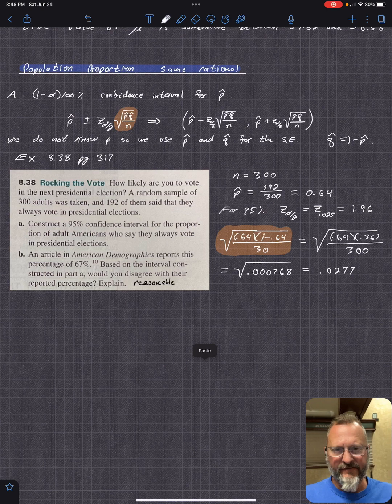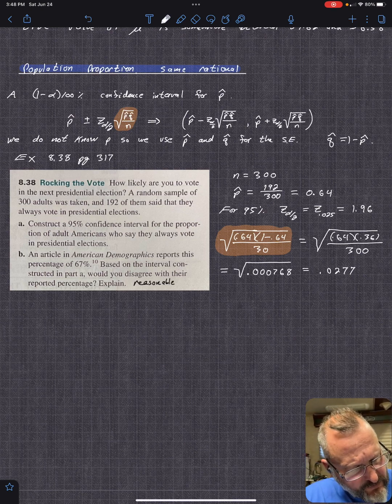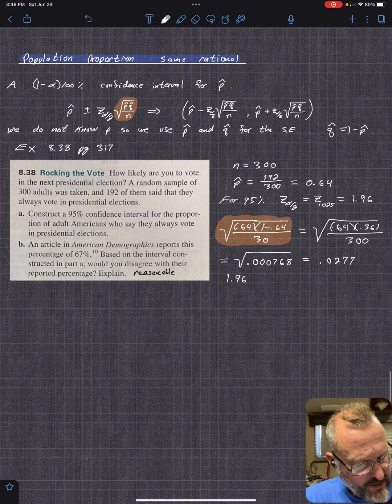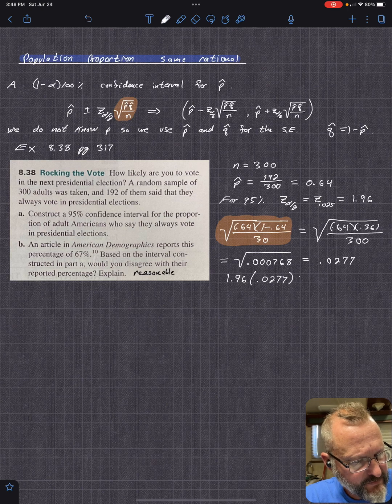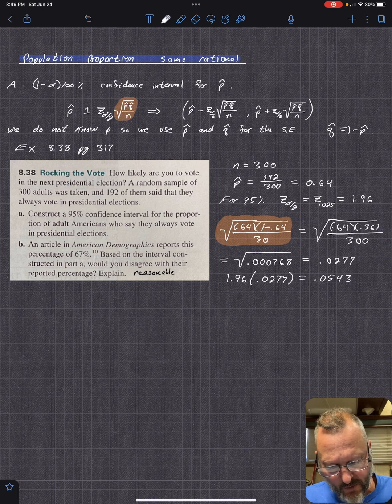If it's 85%, you can make it smaller. So 1.96 times 0.0277. I did this all on my calculator, and it's 0.0543. You may want to try it and confirm all that.